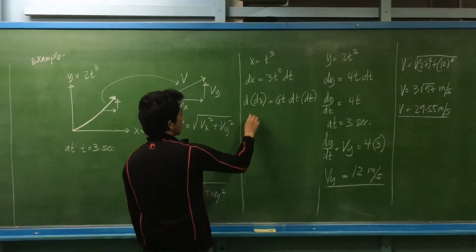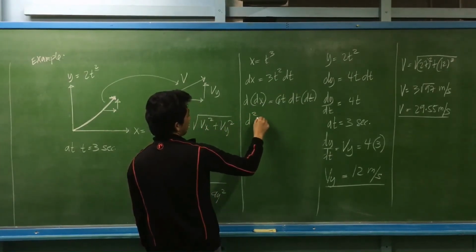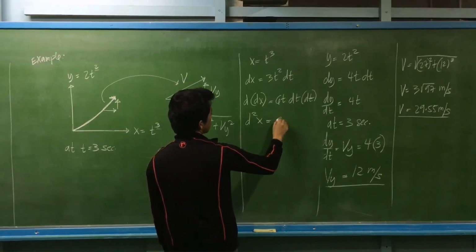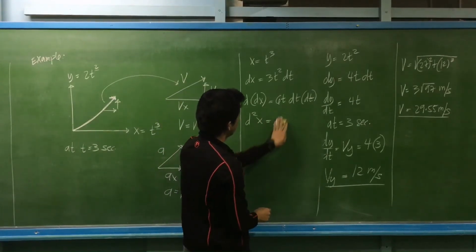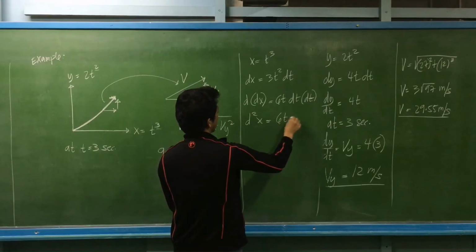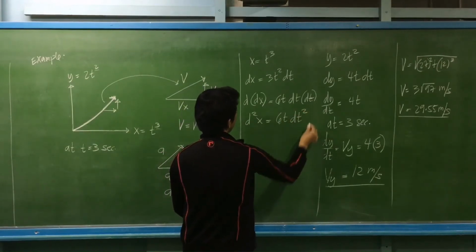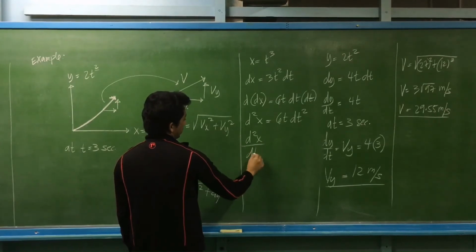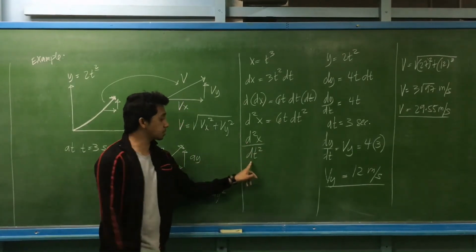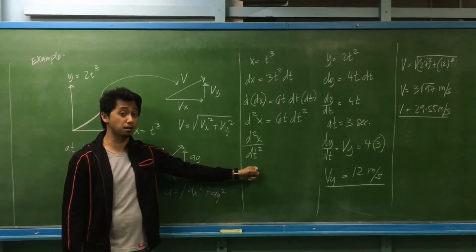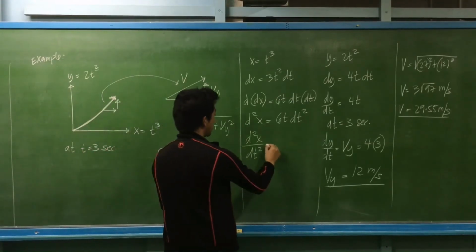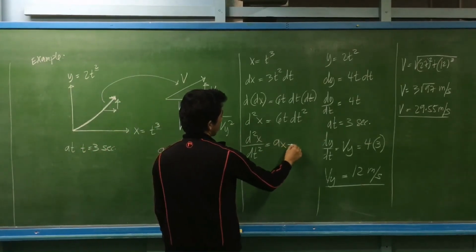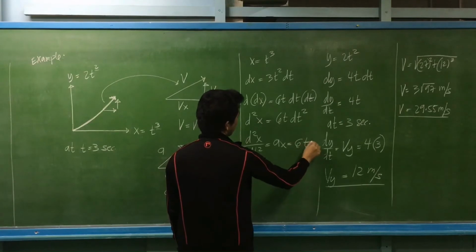So we'll be having d squared x is equal to 6 times t dt squared. So we have d squared x divided by dt squared. This is the same as the second derivative with respect to time. Okay, it's the same as the acceleration along x is equal to 6 times t.